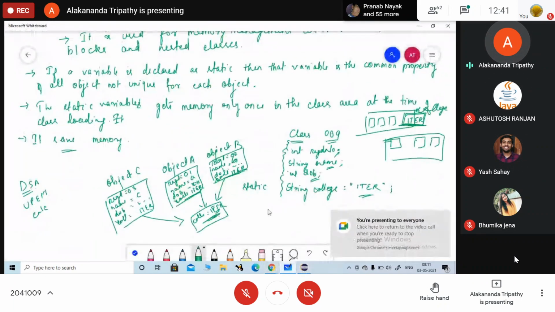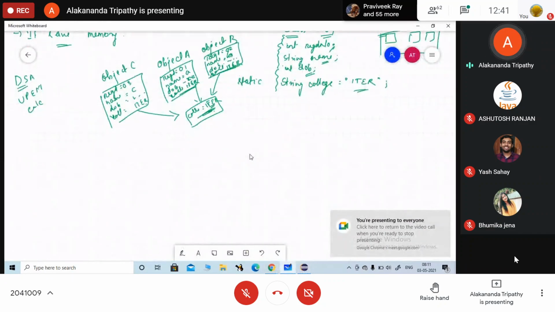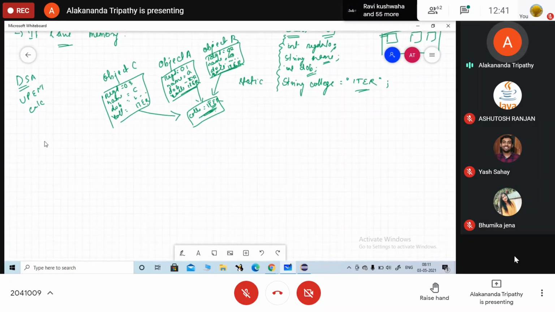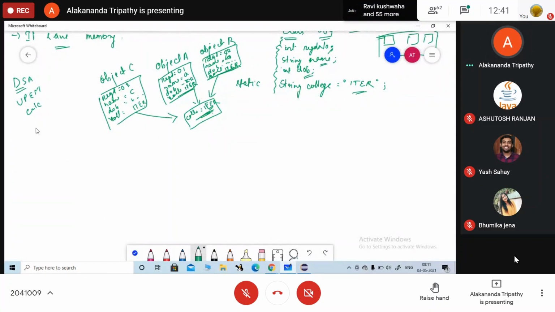So the next part here is, remember the point, static method. Why do we need a static method? You now know what happens when a variable is static. Next, write down static method, which we have already done in the last semester. But here we will understand the concept of static method. So what is a static method?